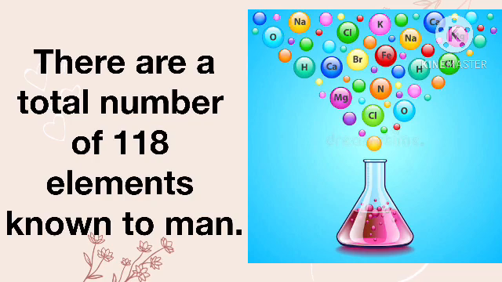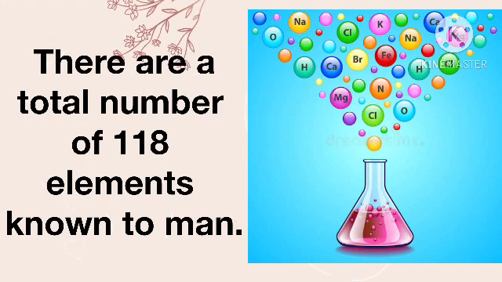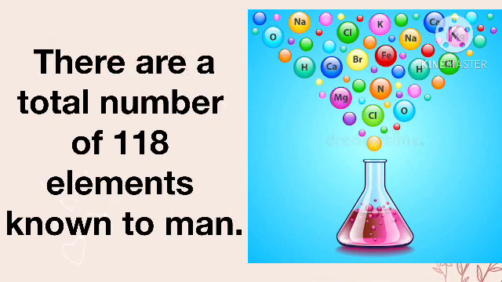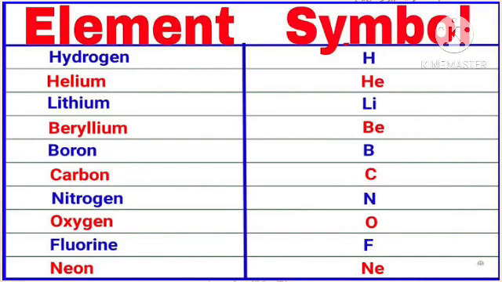There are a total of 118 elements, and these elements are written as symbols. That is, instead of writing the whole elemental name, elements are often written as a symbol.